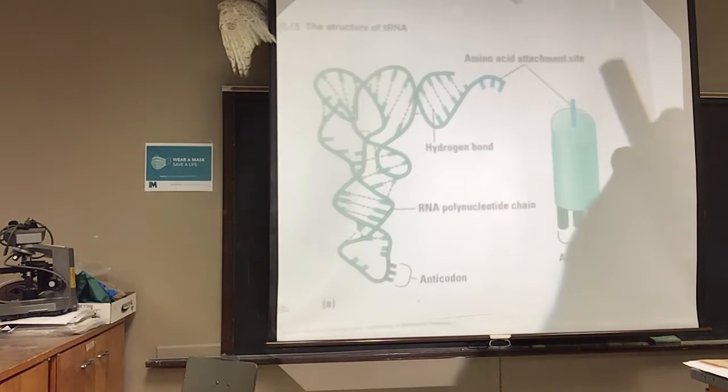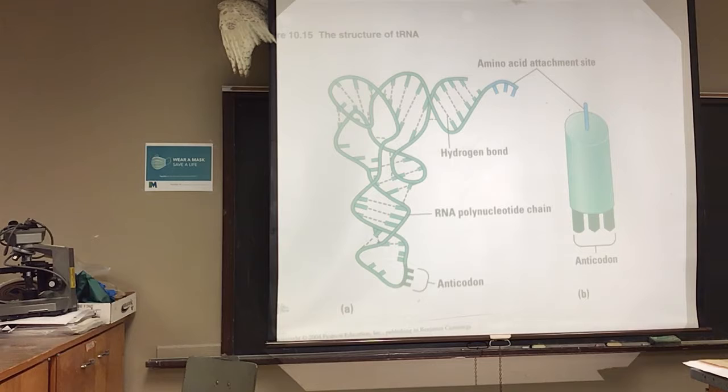Just to give you some idea, there's your anticodon. This is what holds on to the amino acid. This is the structure of it. Here's your anticodon down here. Here's your attachment site, little bitty attachment site here.